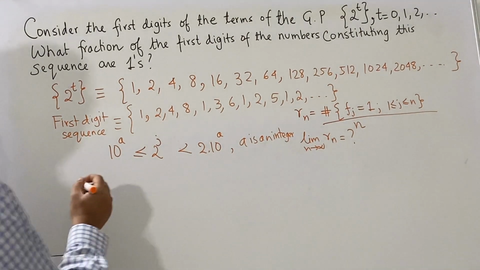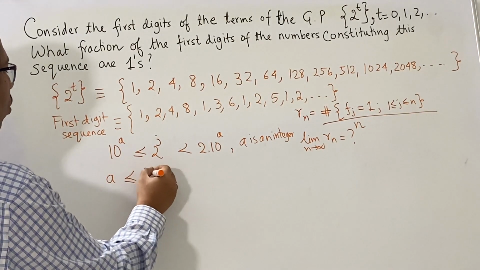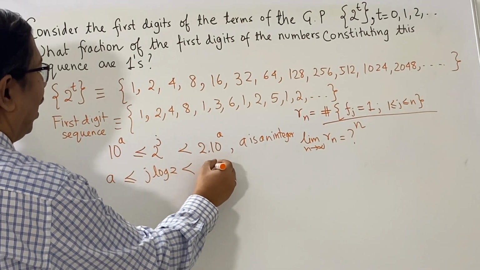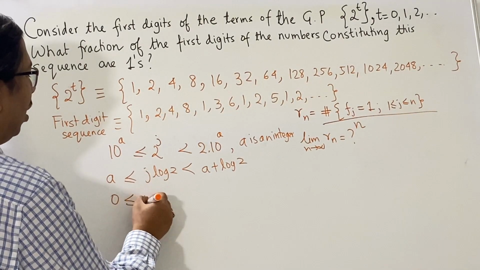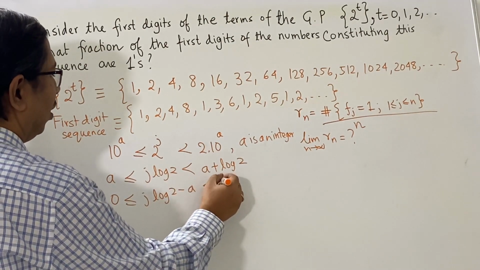Now taking logarithm, we get a is less than or equal to j log 2, which is less than a plus log 2. So this means that 0 is less than or equal to j log 2 minus a, which is less than log 2.